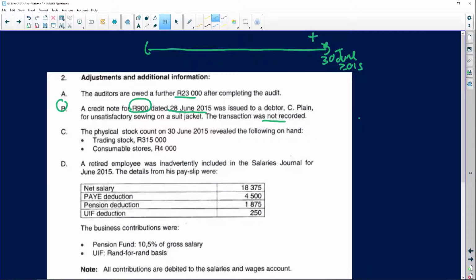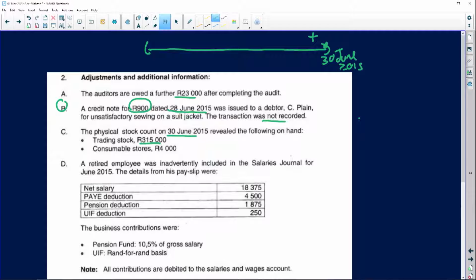Right, so let's look at adjustment C. The physical stock count on the 30th of June 2015 revealed the following on hand. Trading stock 315,000, consumable stores 4,000 Rand. Right, so let's start off with trading stock.